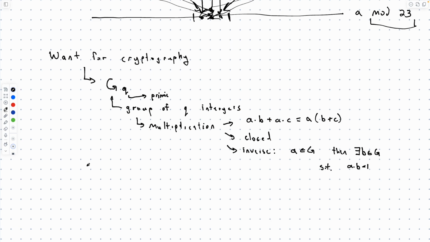Okay, so here's my first guess at what I could do with a group. I'll define G_Q.